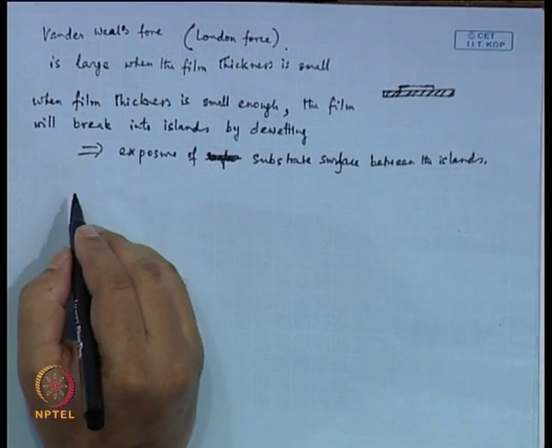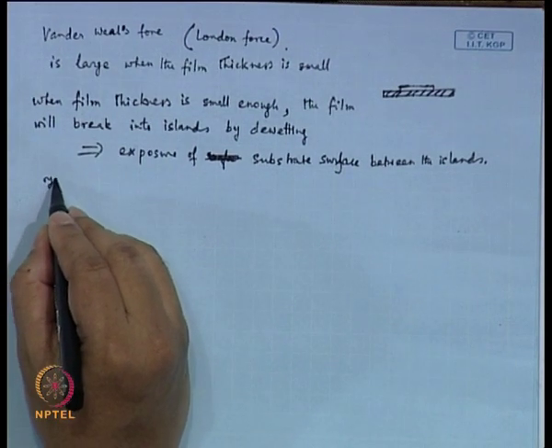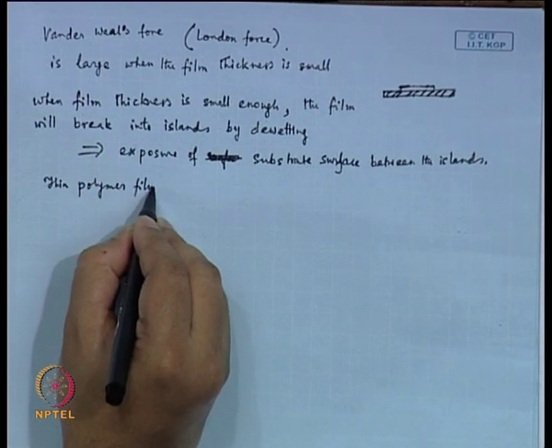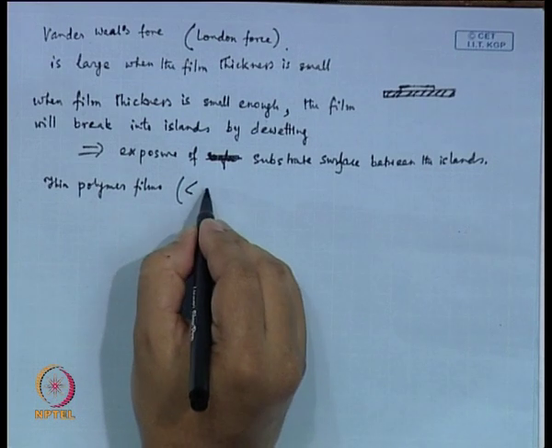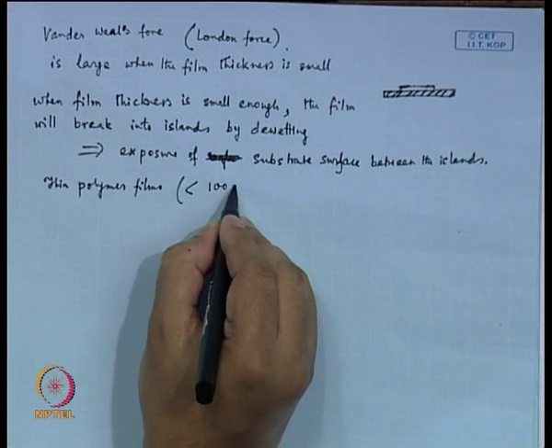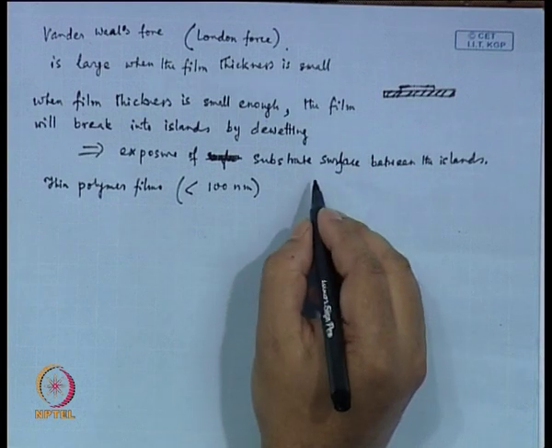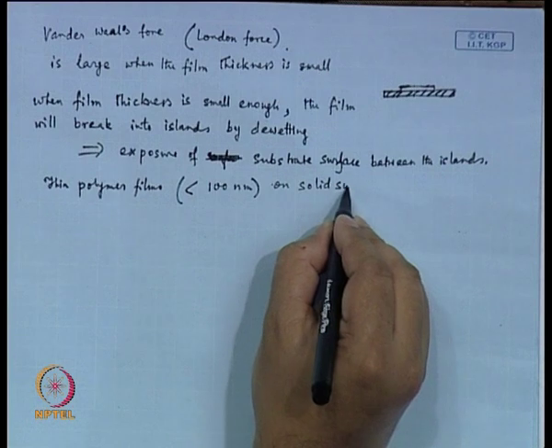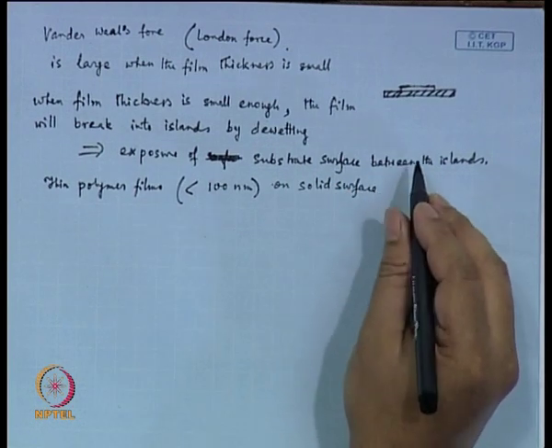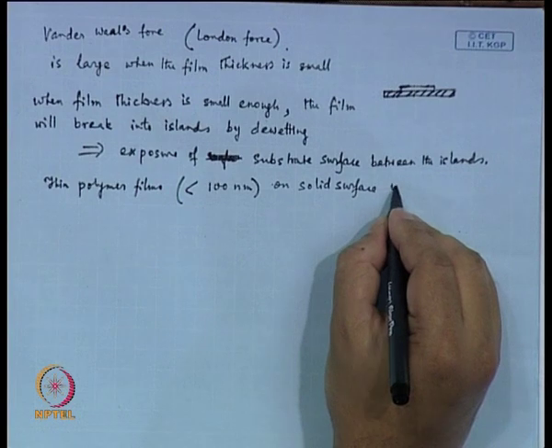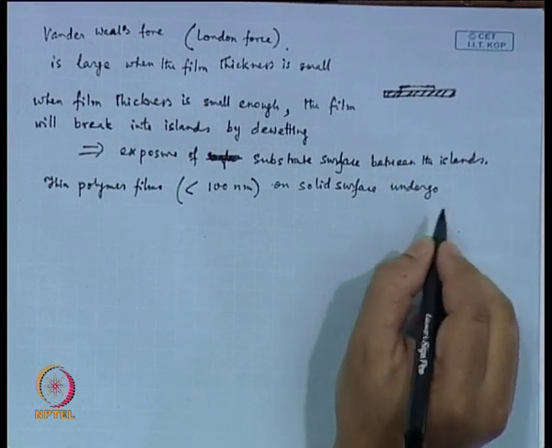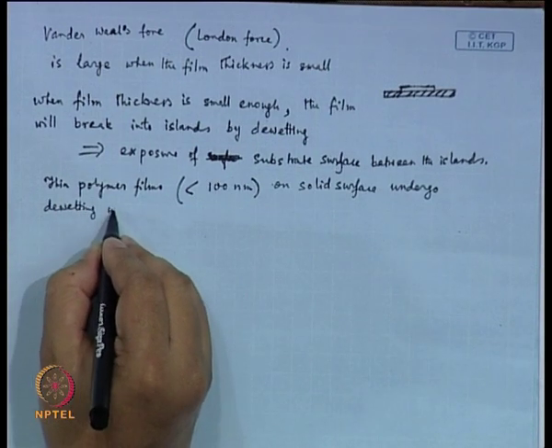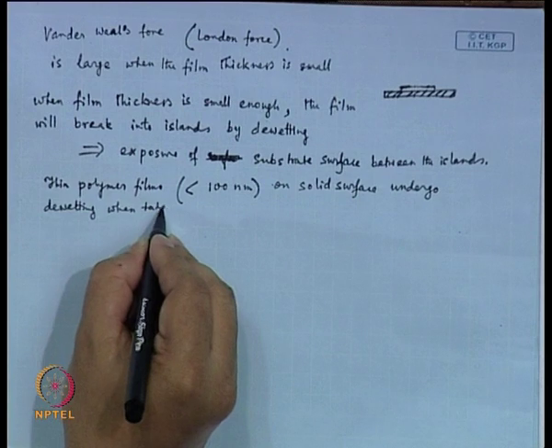So, the dewetting phenomenon for thin polymer films, by thin I mean less than say 100 nanometer on solid surface, is common.